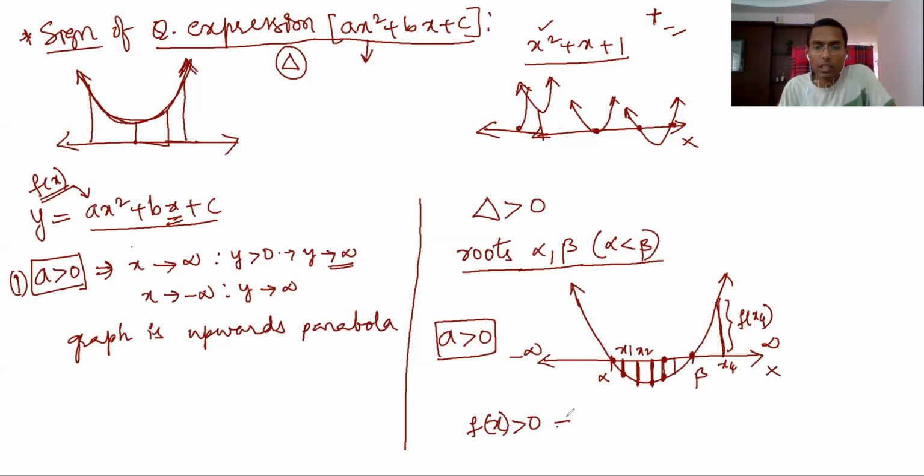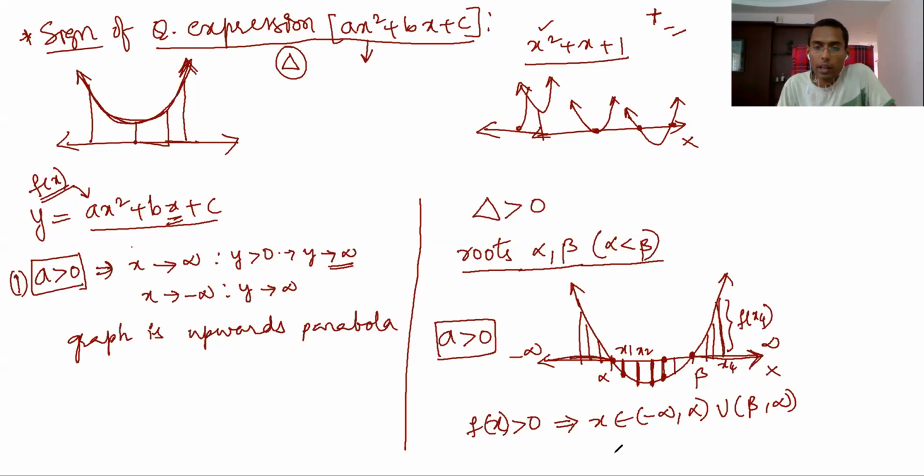That means the expression is positive when x belongs to minus infinity to alpha, till alpha it is positive, union beta to infinity. That means when x is less than alpha, it is positive. Less than alpha, this side it is positive. Greater than beta, it is positive. When x does not lie between the roots, it is positive.